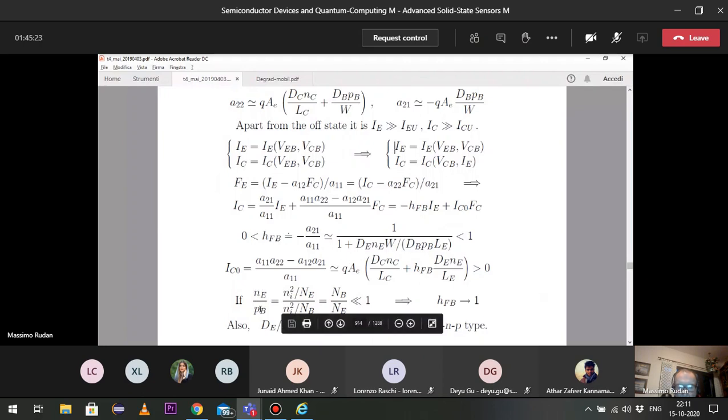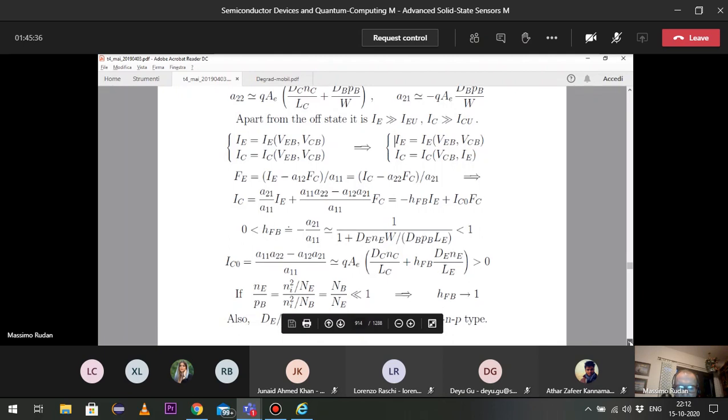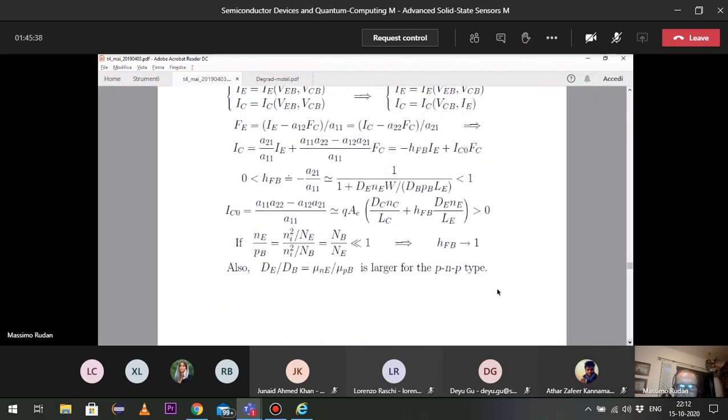NE over PB must be much smaller than 1 in order to have a gain as close to 1 as possible. But you immediately see that if we replace NE with the expression Ni squared over capital NE, that is the dopant concentration of the emitter, and we replace PB with Ni squared over NB, we obtain that the ratio that we want to be small is capital NB over capital NE.